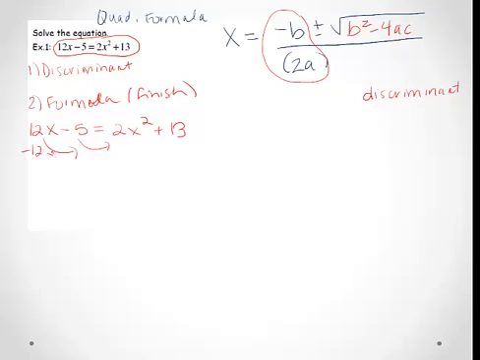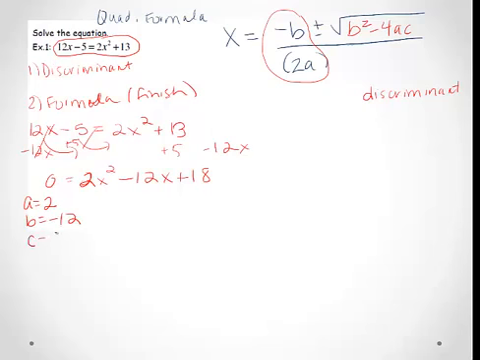So we're going to go negative 12x. And then to get rid of minus 5, you're going to add 5. And again, we want to put this in order. All right, so a is 2, b is negative 12, and c is 18.